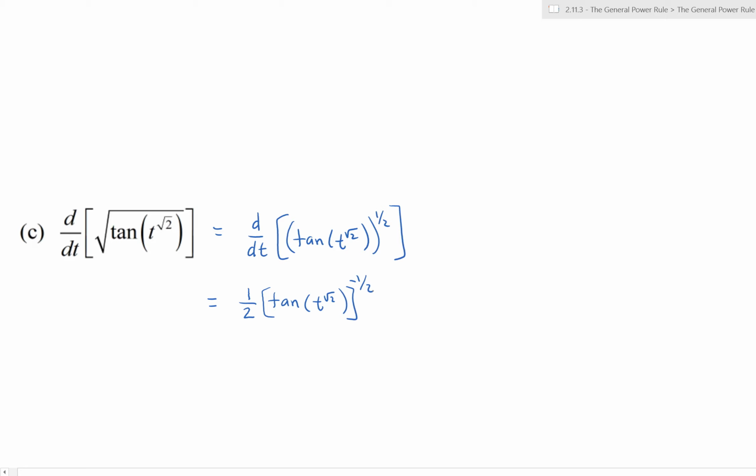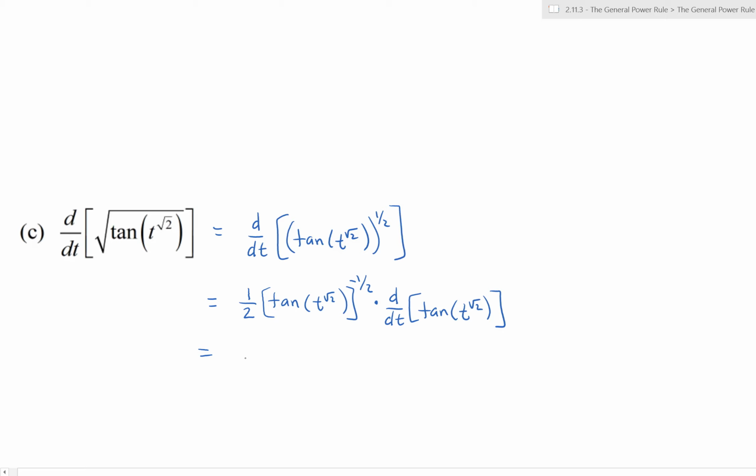So there's a general power rule at work. But then, of course, we have to multiply that with the derivative with respect to t of the tangent of t to the root 2 power. And so keep going here. This is another chain rule right there, right?